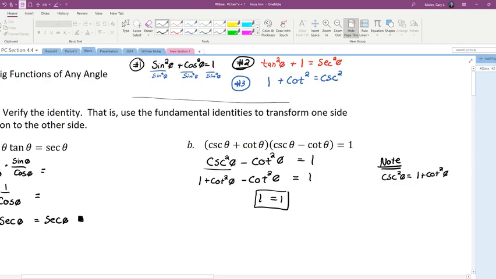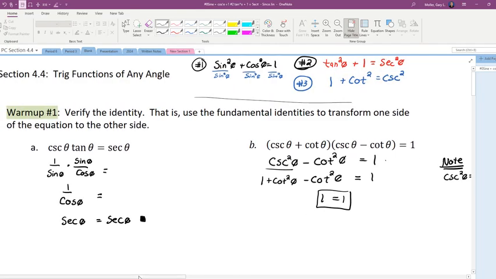That should be enough of a hint for you to think, oh, how did I get from step 1 to 2? Oh, I see. I used that trig identity. Okay, so that's the purpose of that.